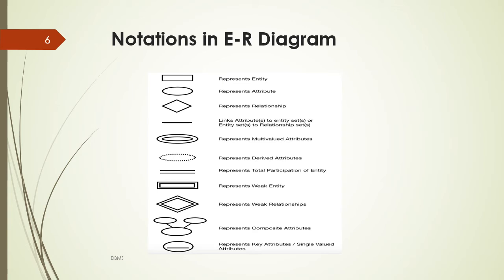Derived attributes are shown by the dashed ellipse. The total participation of the entity is shown by two straight lines. A rectangle within a rectangle represents a weak entity. The weak relationships are shown by a diamond within a diamond. And then you have composite attributes and single valued attributes or key attributes.